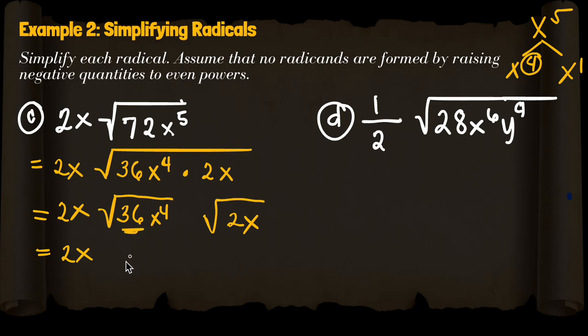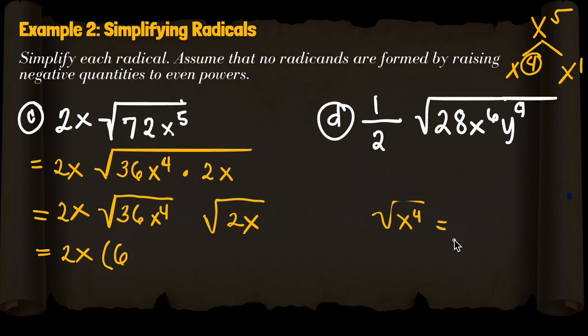The square root of 36, we all know that is 6. Right? Square root of 36 is 6. Now, the square root of x raised to 4. How do you get the square root of x raised to 4? Let's make a scratch here. Square root of x raised to 4.